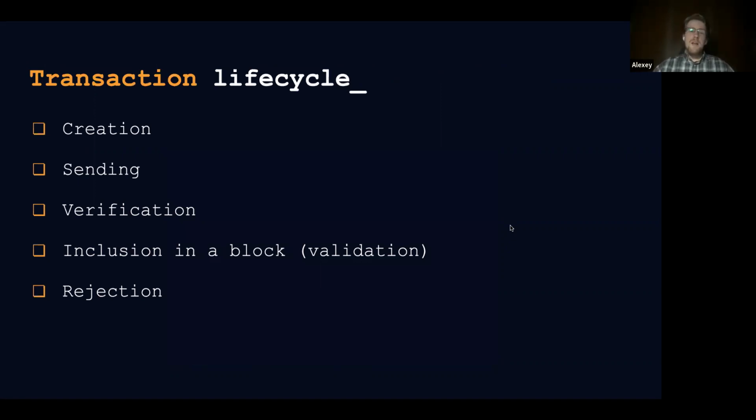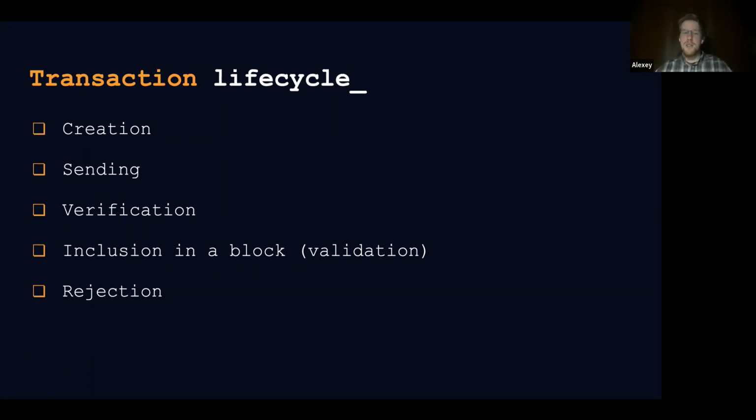The life cycle of the transaction consists of creation, when we gather these initial fields and generate the correct structure. Sending, when the wallet software takes this package with the transaction and sends it to the closest node it knows, so that the node can put it into the transaction pool.